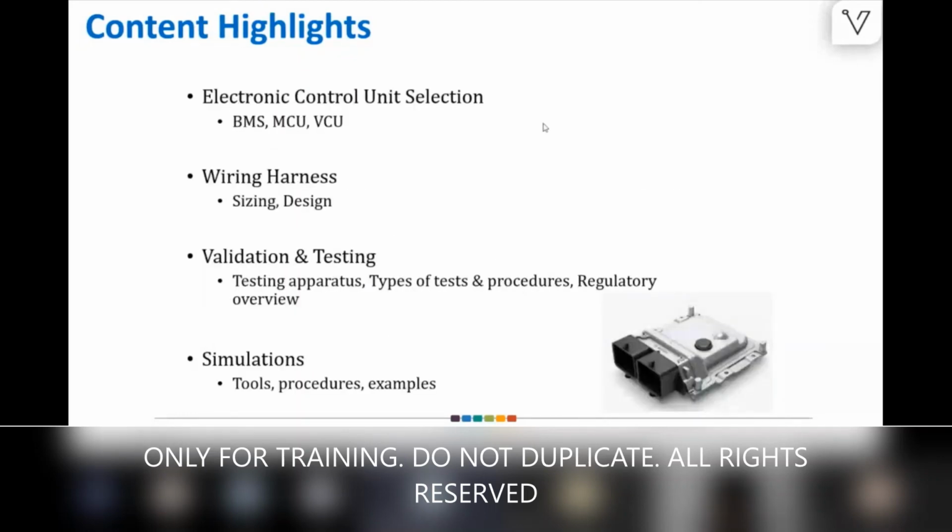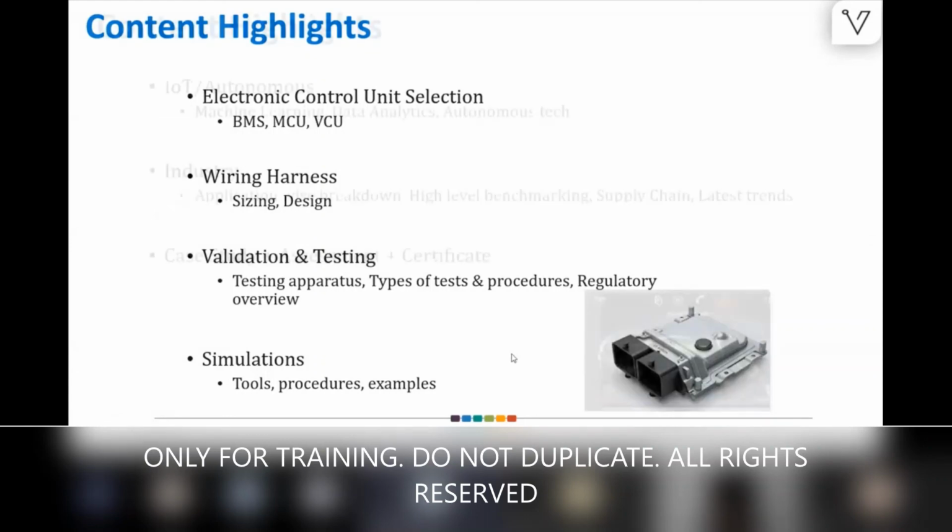The electronics selection: BMS, the motor controller, the VCU, the wiring harness design, validation and testing, what it takes to get regulatory approval, and using all the simulation tools that will be undertaken during the course.